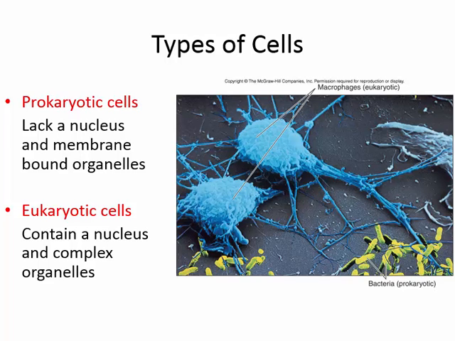Now again, we have different types of cells. In general, cells are divided into two general categories: prokaryotes and eukaryotes. The first evidence that we have about life goes back 4 billion years.